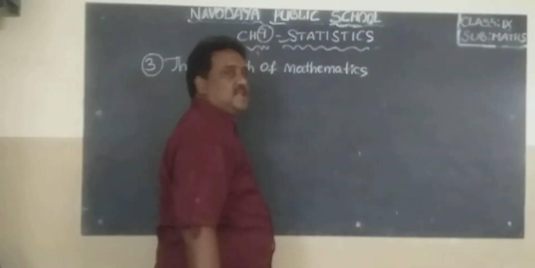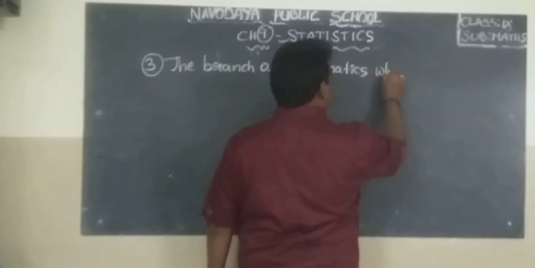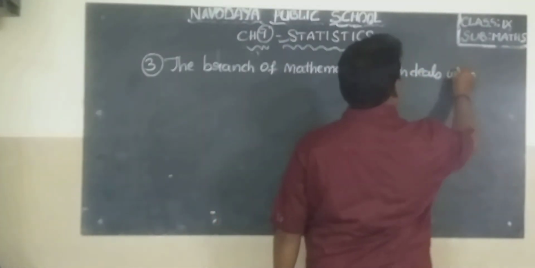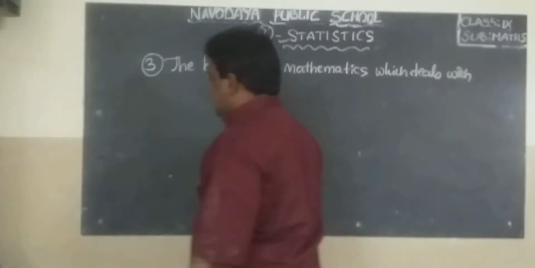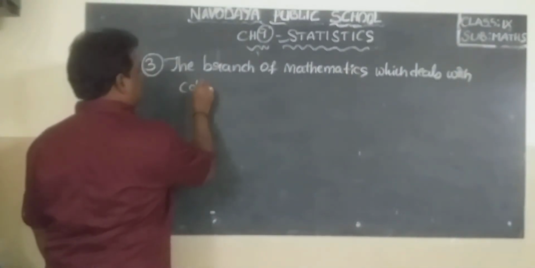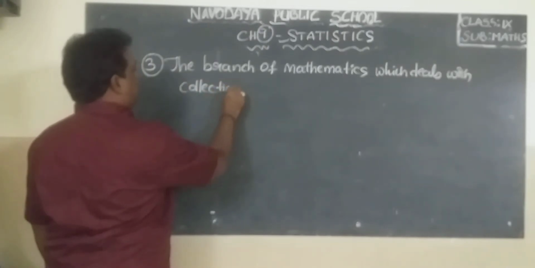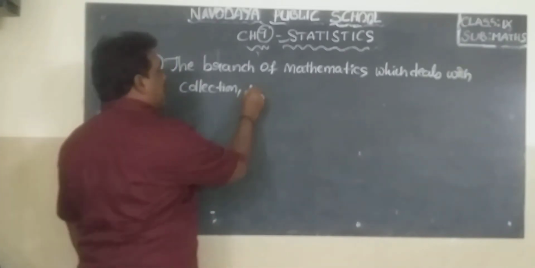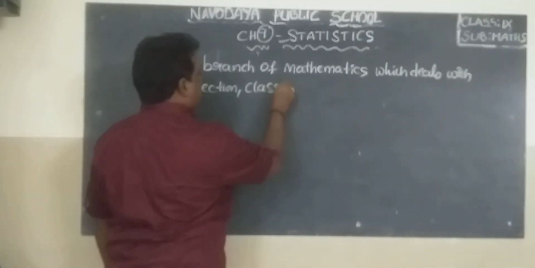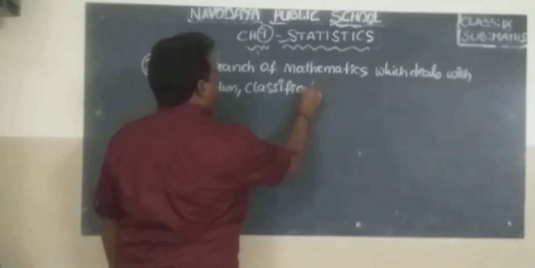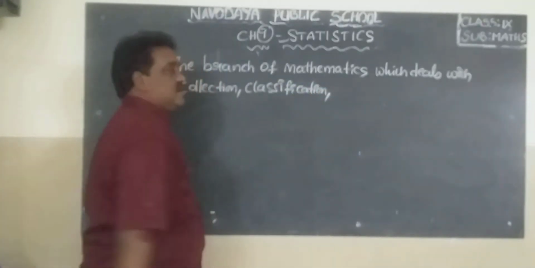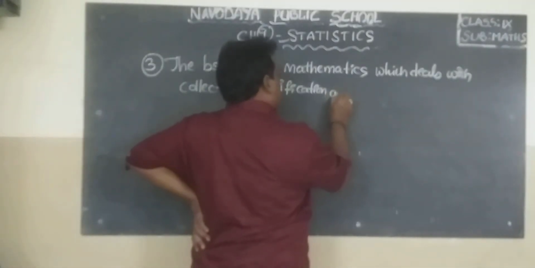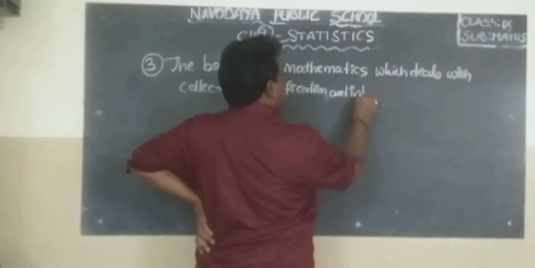The branch of mathematics which deals with collection. First word, collection, means information gathering. Classification, so dividing the data into number of parts, and interpretation.